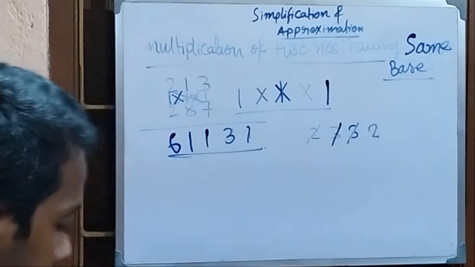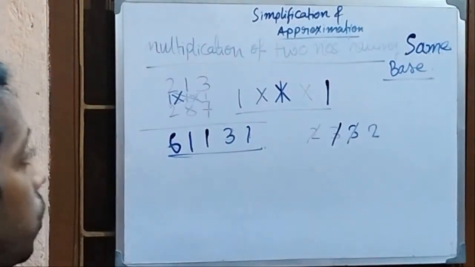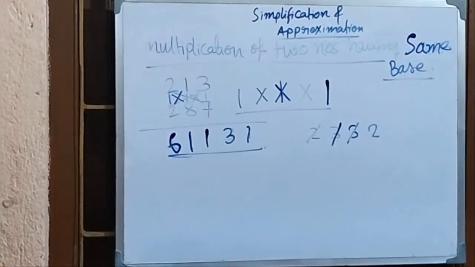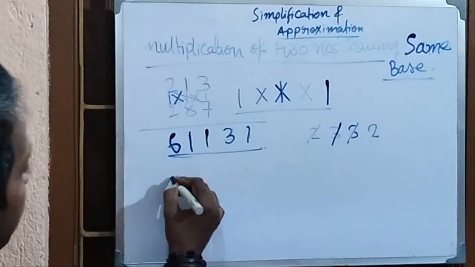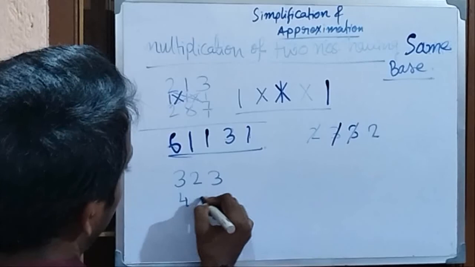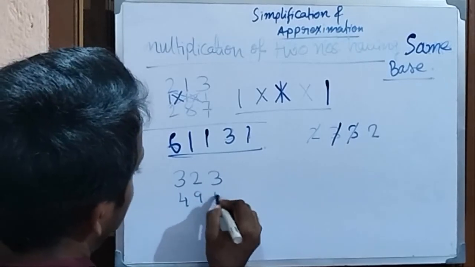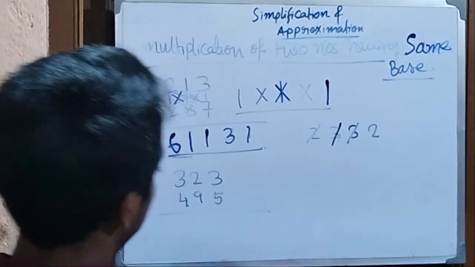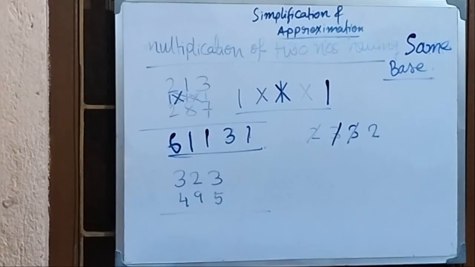I know this is new, so that's why I will do one more problem here by taking some big number. 495, right? Again, try to implement the same process here and see if you can get the answer.